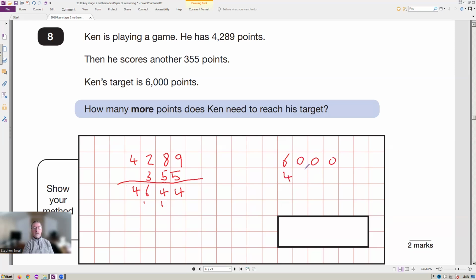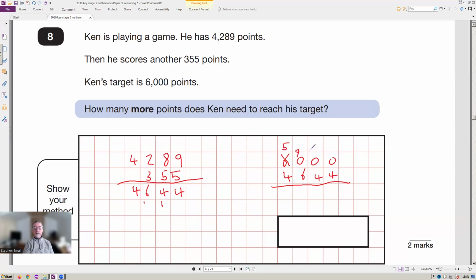Four, 6, 4, 4. And this time I'm going to put the answer in here. 4 from 0 won't go. So this is one of those funny ones. So you try to take it from there. No, can't do it. Take it from there. No, can't do it. The way you go is like this. This becomes a 5. These become 990.